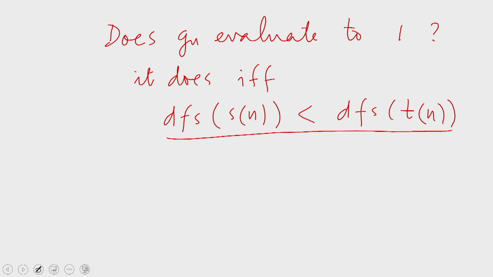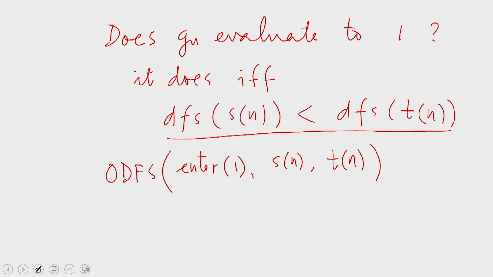But this relation can be checked by invoking ODFS on the graph with 3 particular vertices. These are enter 1, the DFS must begin with enter 1, and then S of n and T of n.